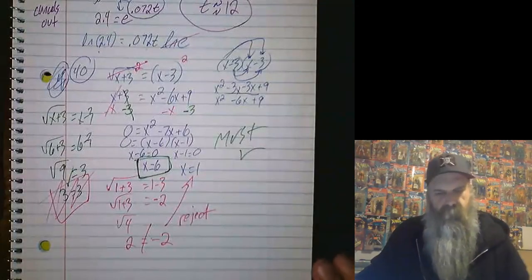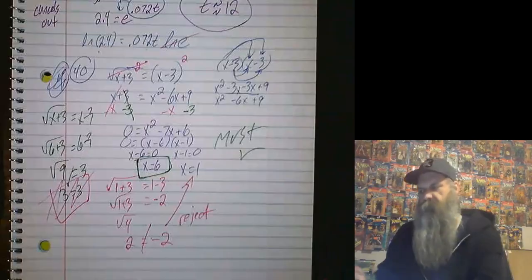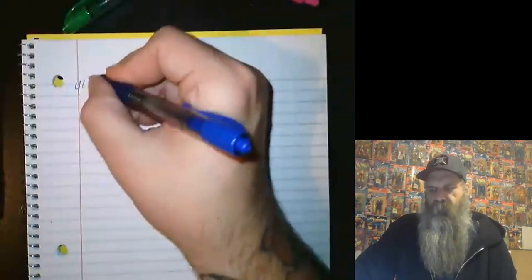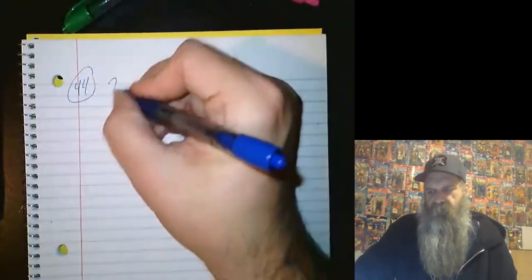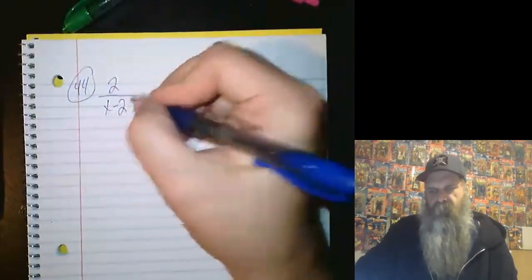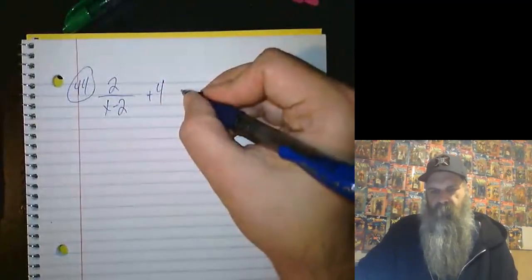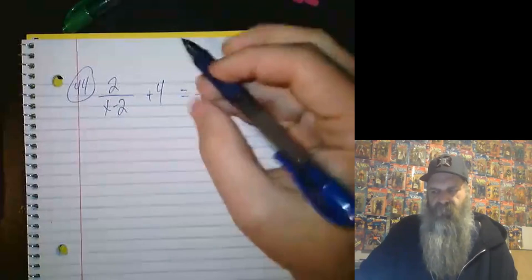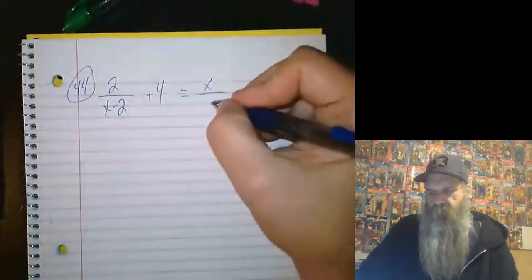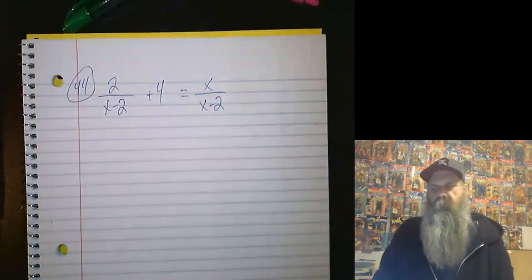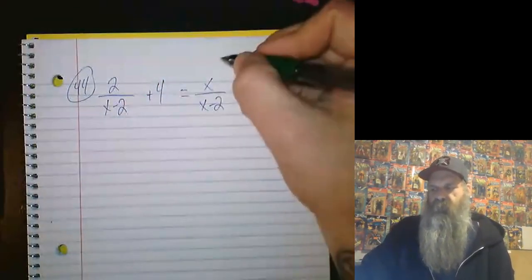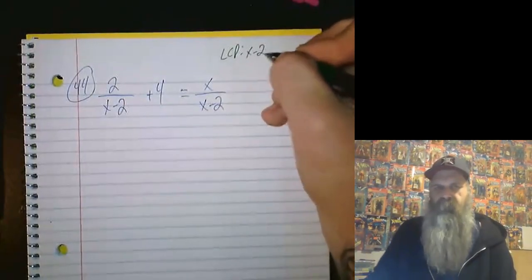I'll do one more. 44. 44 is pretty easy. You're not going to get a quadratic or anything. And these are a lot more difficult if the denominators do not match, but here they match. So the hardest part of this problem is distributing x minus 2 to 4. We have an LCD, a least common denominator, of x minus 2.